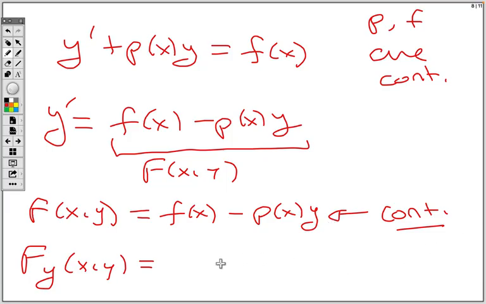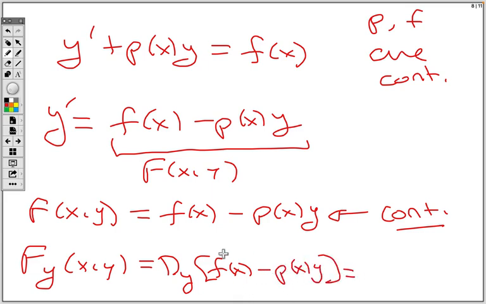What's going to happen to all this f of x?